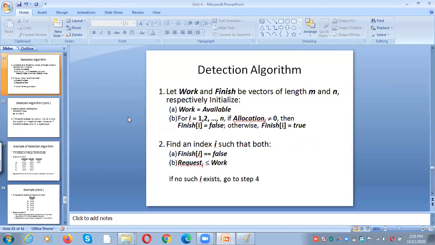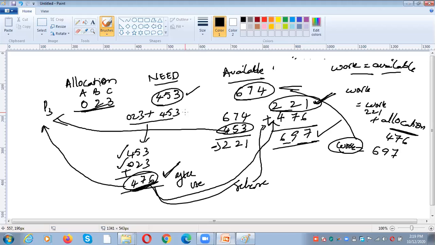Go to the previous slide. Observe here. Work equal to available. So here 6, 9, 7 now available. How can we get the 6, 9, 7? By using a formula called work equal to work plus allocation. What is work plus allocation? Work is available.